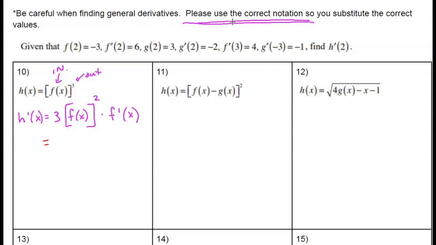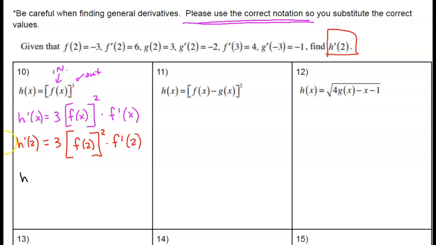So, and all of these, oh yeah, it says find h prime of 2. I was looking for it. So h prime of 2 says, okay, we want 3, and I'll write this out once, f of 2, because you could probably substitute without rewriting this step, and I am fine with that, I promise.